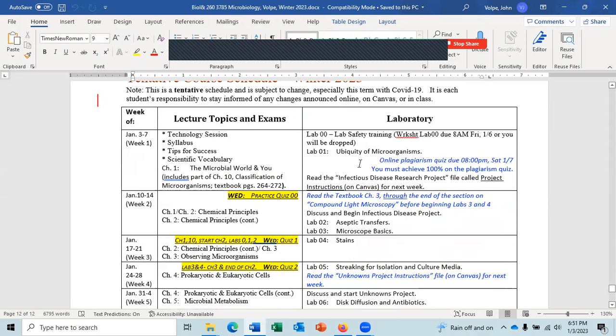Do realize you need to complete the online plagiarism quiz by 8 p.m. Saturday, January 7th. You must get 100% on this plagiarism quiz. If you want to retake it, make sure you take the retake or the several retakes before 8 p.m.